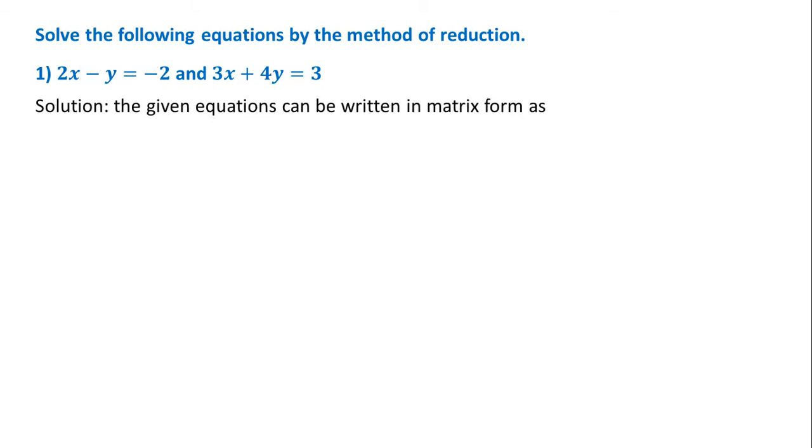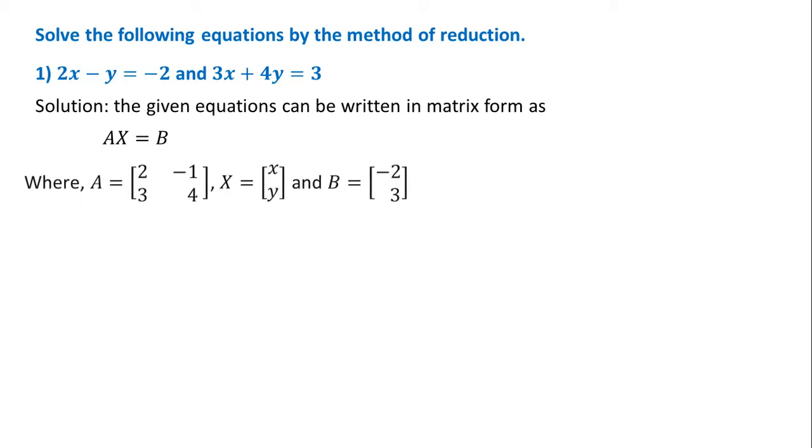First of all, we will write the given equations in the matrix form as AX is equal to B. In that case, what is A? A is the matrix of coefficients. See here, it is 2, minus 1 and 3, 4. Then matrix X is the column matrix xy, and matrix B, the matrix of constants, is minus 2, 3.